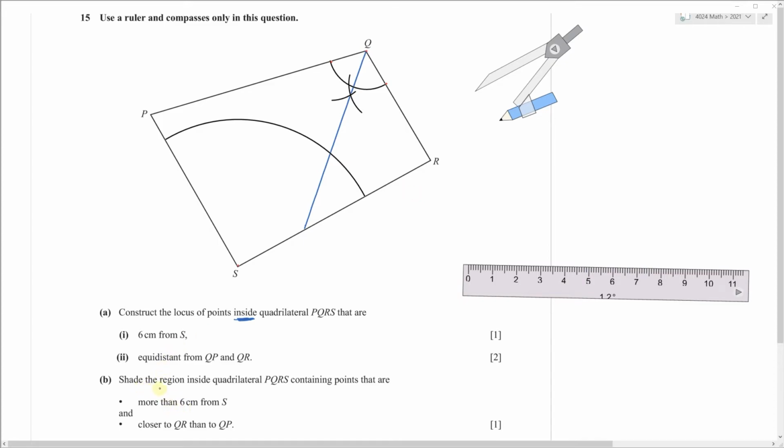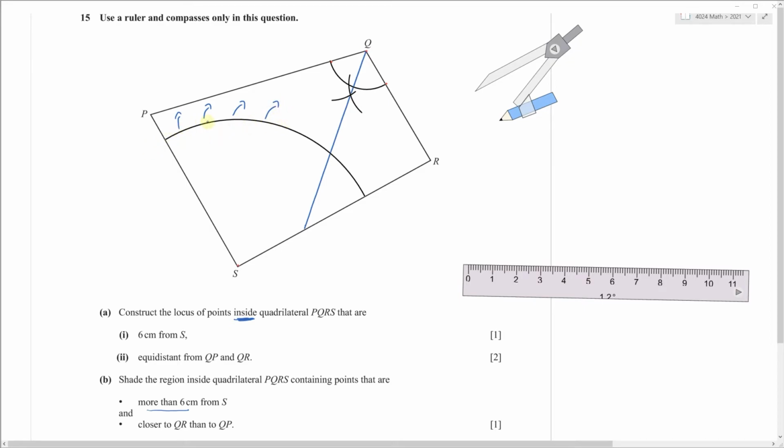The next part is to shade the region inside the quadrilateral PQRS containing the points that are more than 6 centimeters from S and closer to QR than to QP. Points that are more than 6 centimeters from S will all be outside this arc here, right?